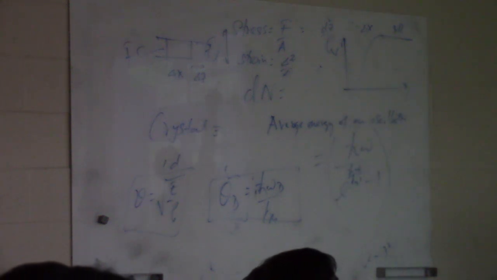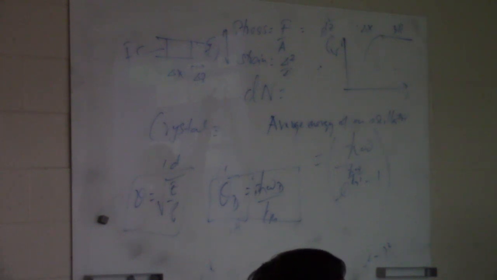Low temperature means T is much lower than the Debye temperature. The only difference is, this is the typical integral if your limits are finite. In that case I can make the maximum of C infinite because C is very large. So the integral goes from 0 to infinity.